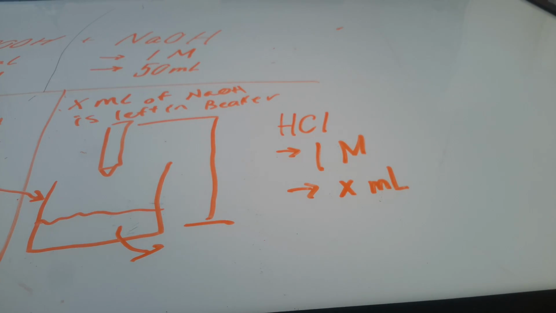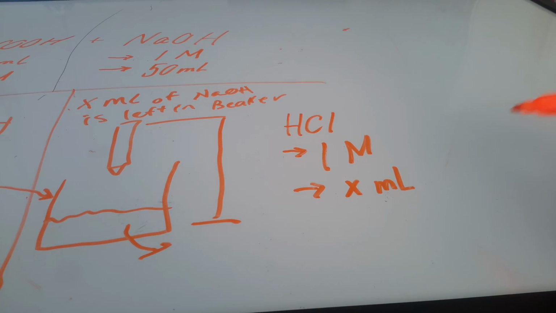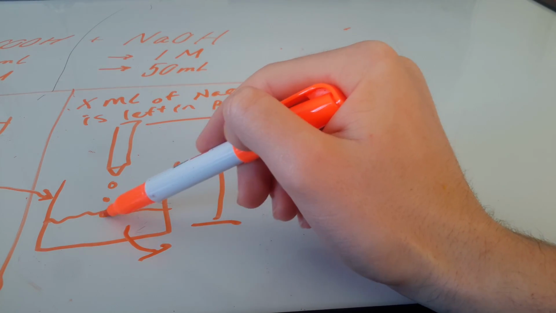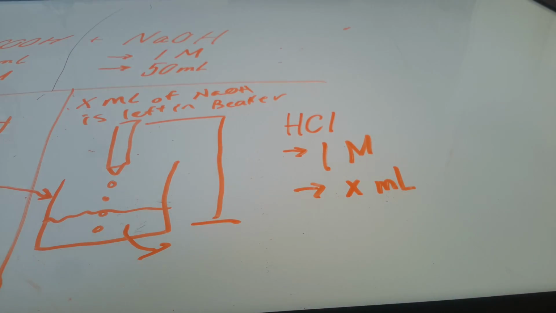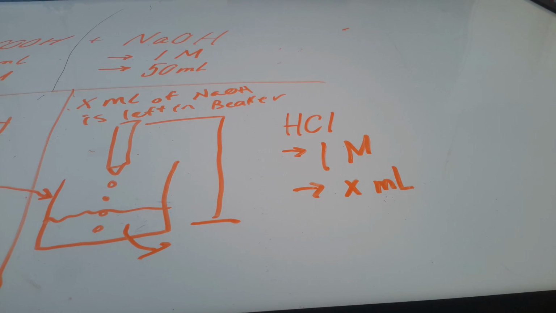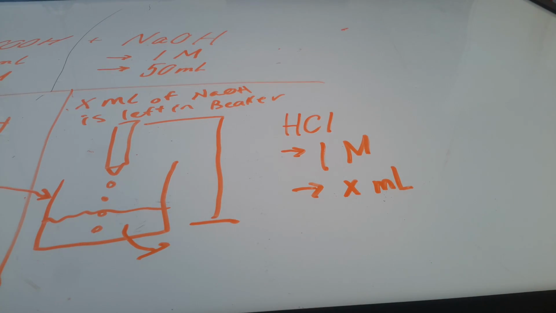So what we're going to have is a setup where the HCl is going to be fed into the beaker, and slowly the beaker is going to turn pink. So we're going to add phenolphthalein, the indicator, to this. And so when the solution does turn pink, what you're going to be left with is a completely neutralized solution.